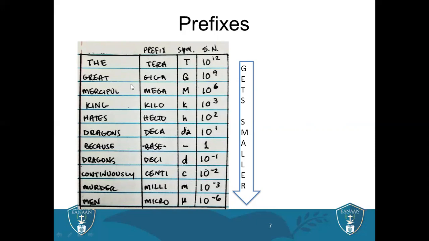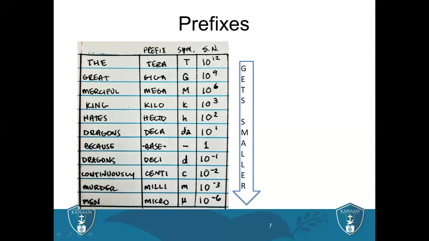And sometimes it may be confusing. So here is the mnemonic: Great Merciful King Hates Dragons Because Dragons Continually Murder Men. So you memorize tera, giga, mega, kilo, hecto, deca, the base, deci, centi, milli, micro. And there's actually some more, but it's not here.